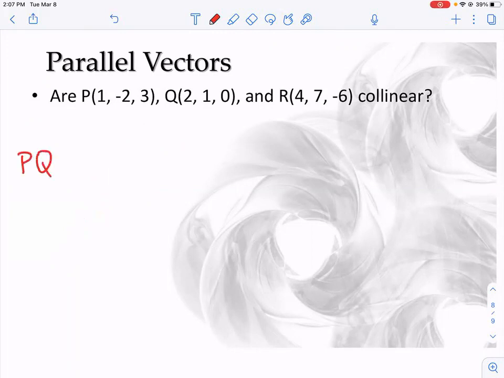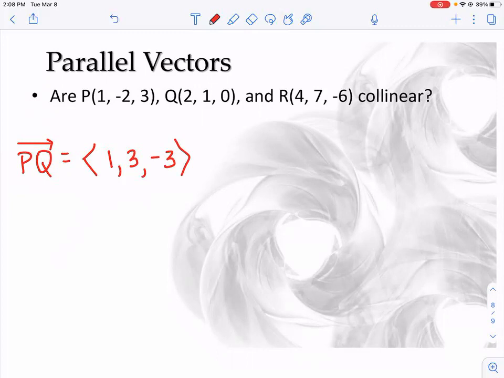How about vector PQ? Remember, when we create a vector, we need to take terminal minus initial. So if we take terminal minus initial, we would get <1, 3, -3>. Do you agree with that? Okay.